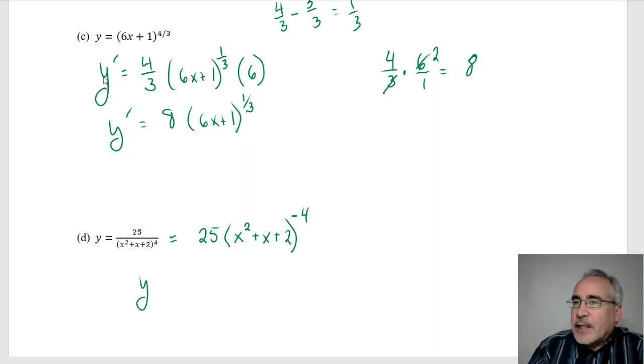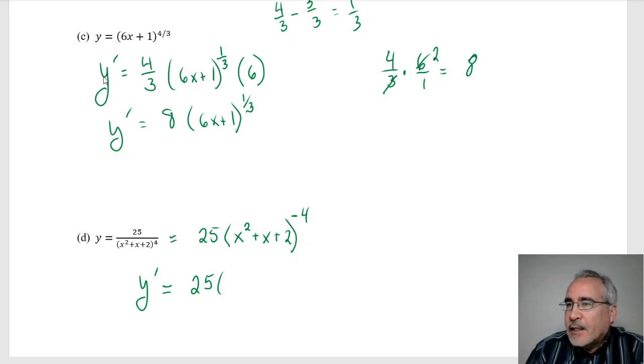So when we go to take the derivative of y, the negative 4 comes down and multiplies times 25. 4 times 25 is 100. I'll go ahead and write it out just because, if you're just looking at the written version, it's there. So that's that exponent coming down and multiplying.